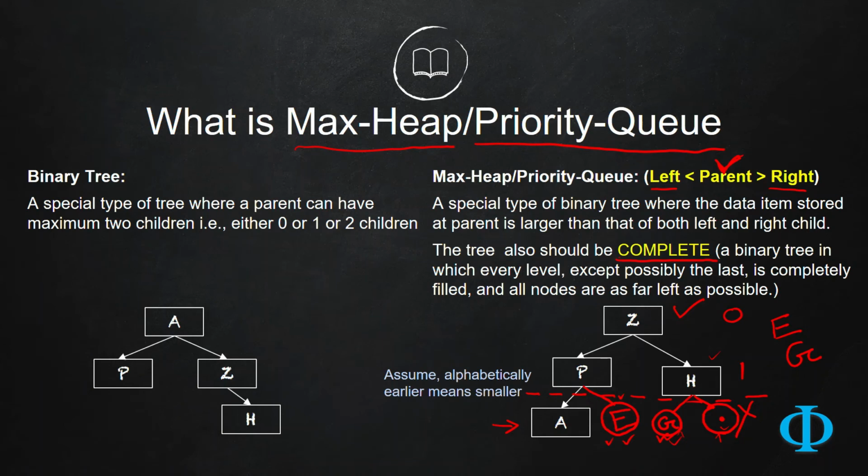So basically what you need to do is you have to start filling up the empty spots in the last level of a complete binary tree from left to right direction.